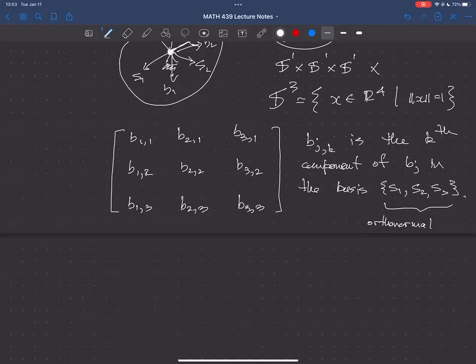So with respect to the Euclidean inner product, S1, S2, and S3, and also B1, B2, and B3, all those vectors have unit length, and they're orthogonal to one another. That's what it means to be orthonormal.